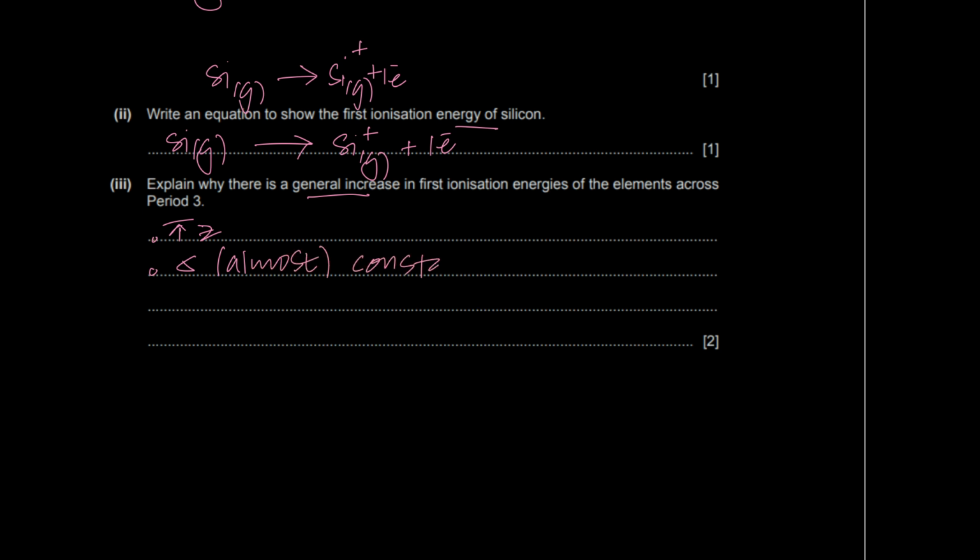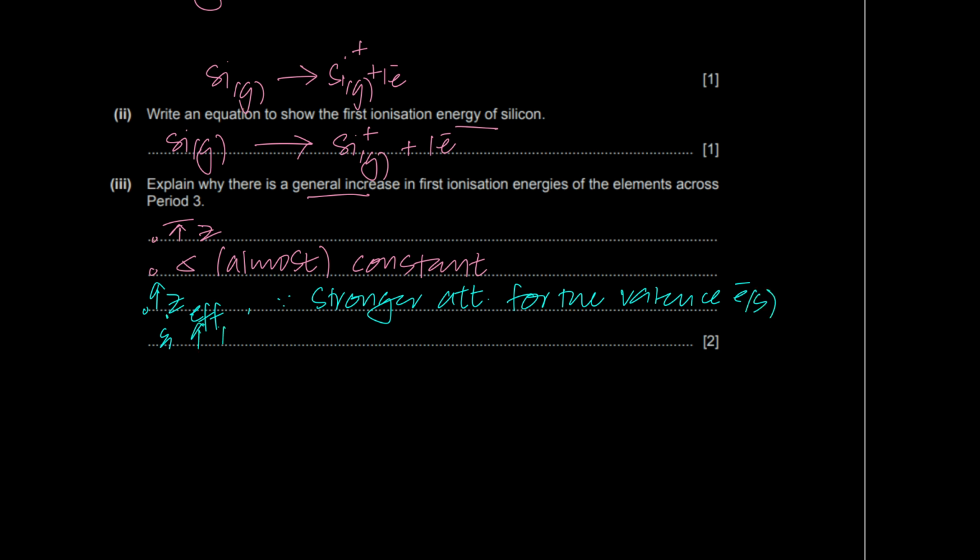Therefore the effective nuclear charge increases, and thus there is stronger attraction for the outermost valence electron by the nucleus. So the ionization energies are going to increase. That's it. Easy. Next.